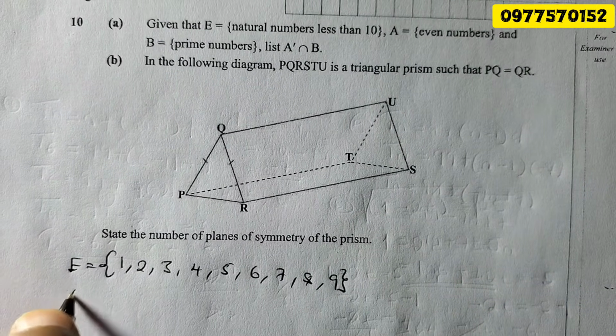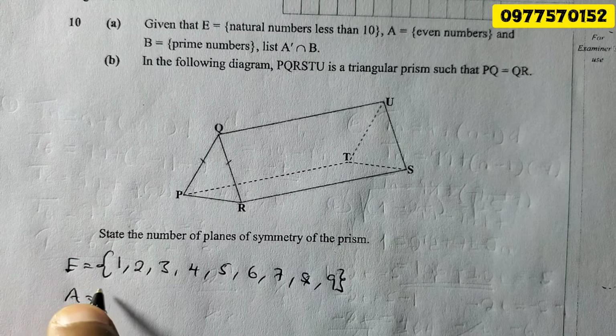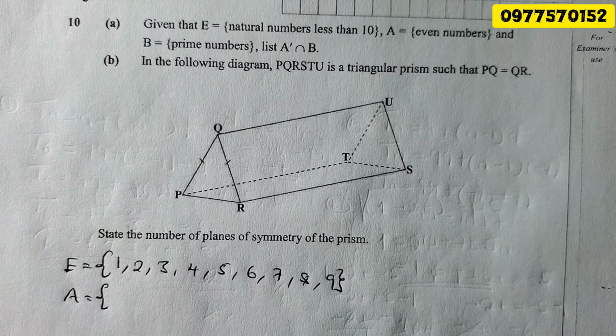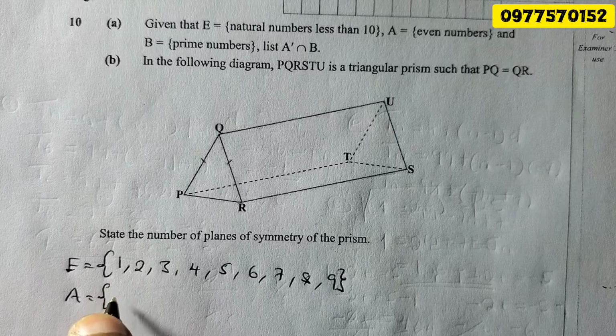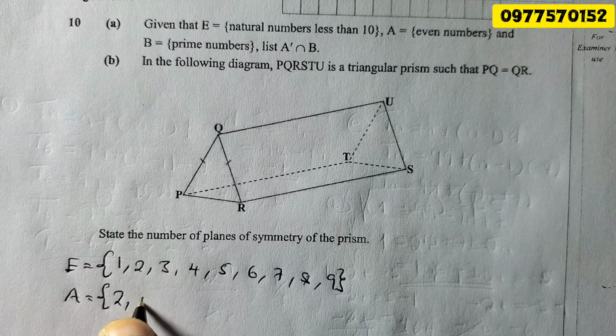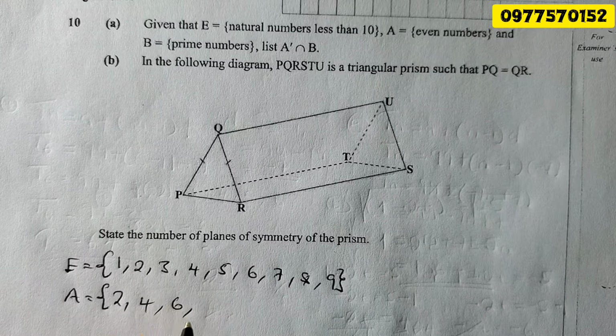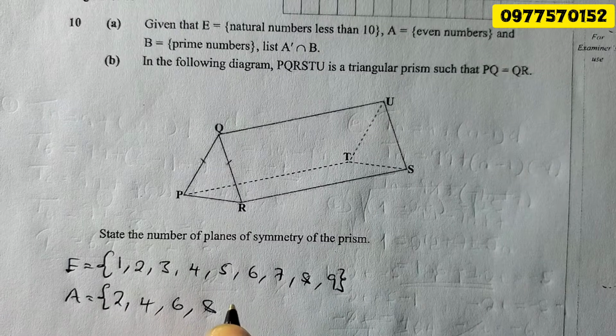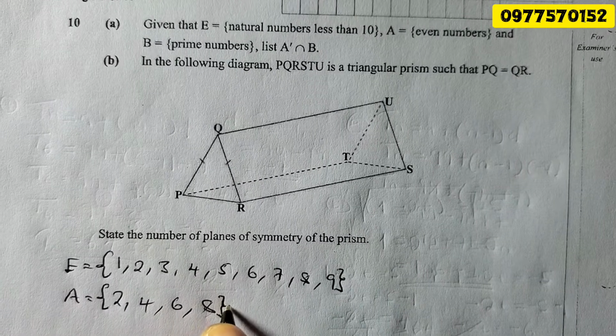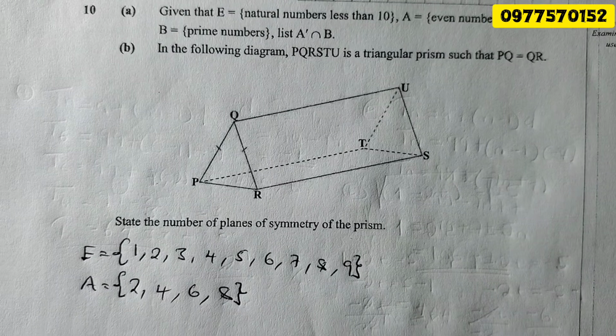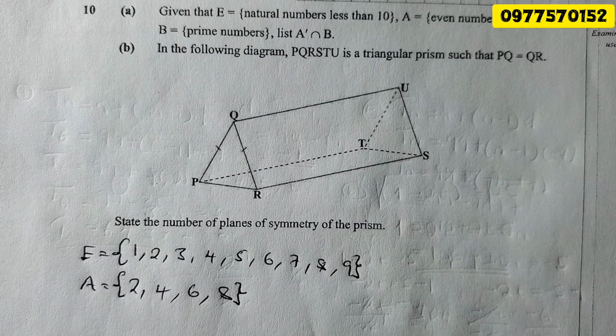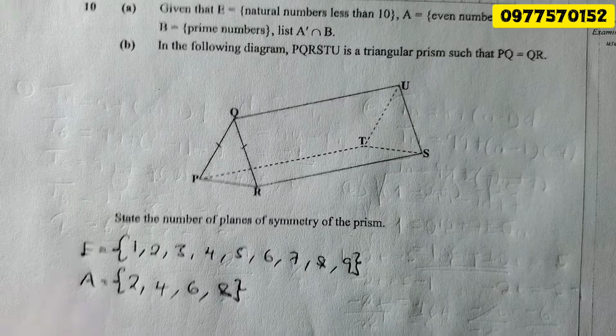Then from this set we are getting even numbers. Even numbers are numbers that are divisible by 2. 2 can go into 2, 2 can go into 4, 2 can go into 6, 2 can go into 8. Okay, these are the only even numbers here. Then prime numbers are numbers that are divisible by 1 and itself.